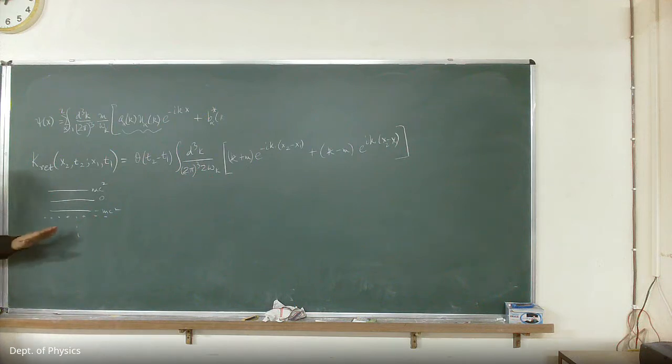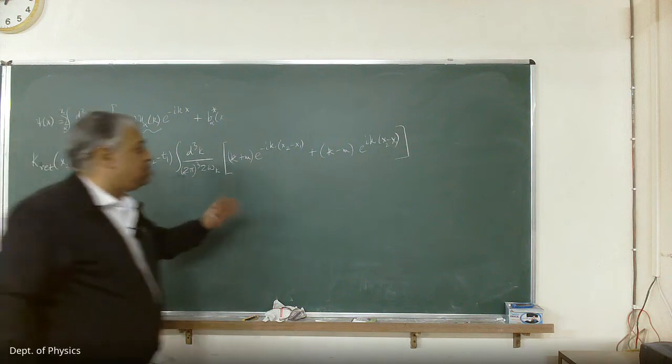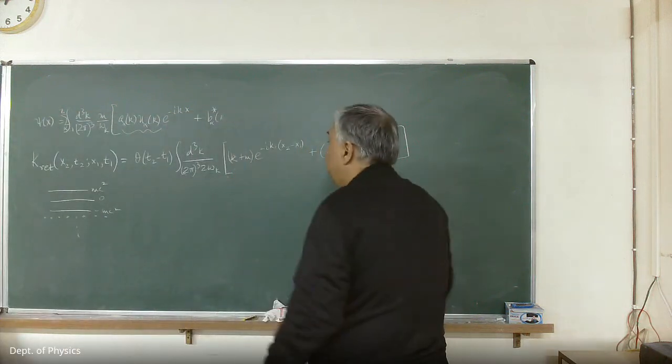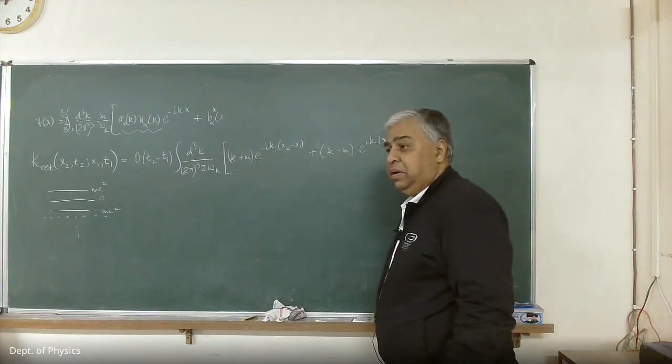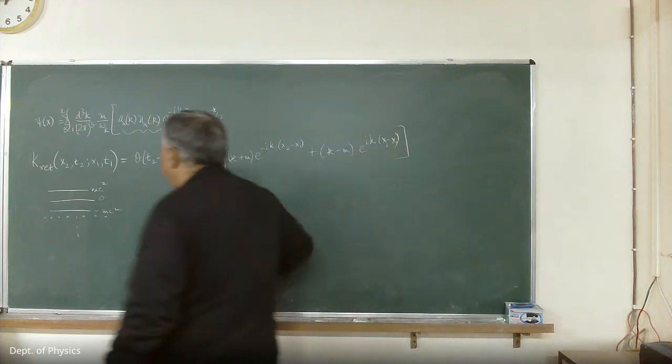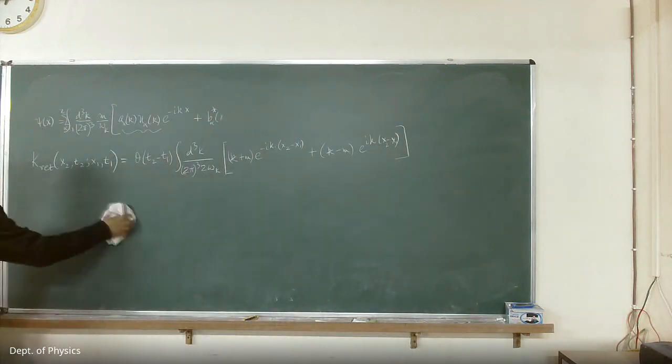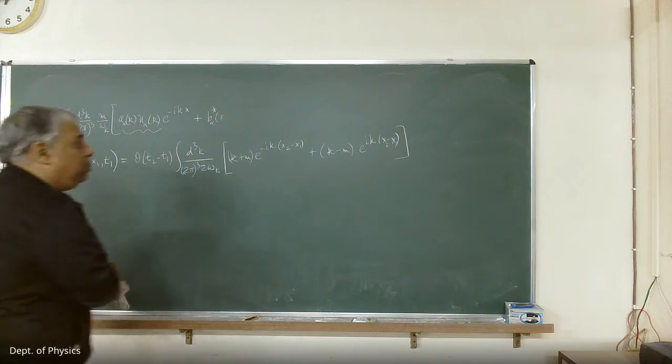Okay, so now what happens is that I'll have to modify this propagator, and once I modify, negative energy states then propagate backward in time.